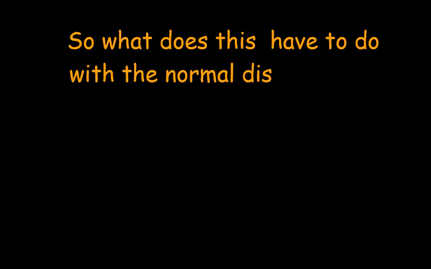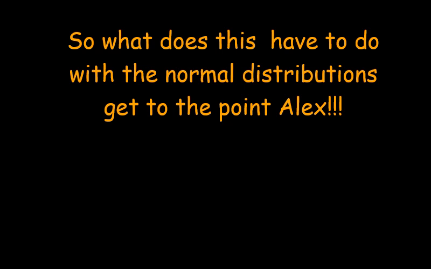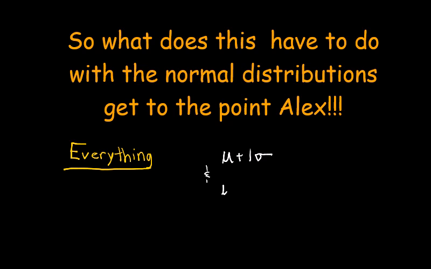So a student asked me a while back, what does this have to do with normal distributions? I got news for them. It has to do with everything. The empirical rule is a fundamental rule that revolves around normal distributions. So if I take one of those items from the empirical rule, the mean plus 1 standard deviation, the mean minus 1 standard deviation, we refer to that total area as approximately 68%.